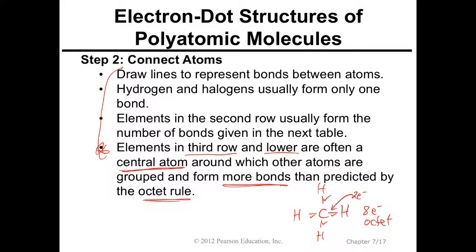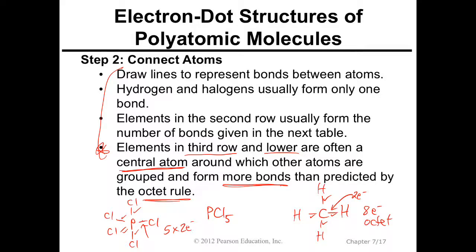But you can have something like, let's say, PCl5, which has a phosphorus surrounded by 5 chlorides, to be precise. So now you have 1, 2, 3, 4, 5 bonds, each giving 2 electrons.